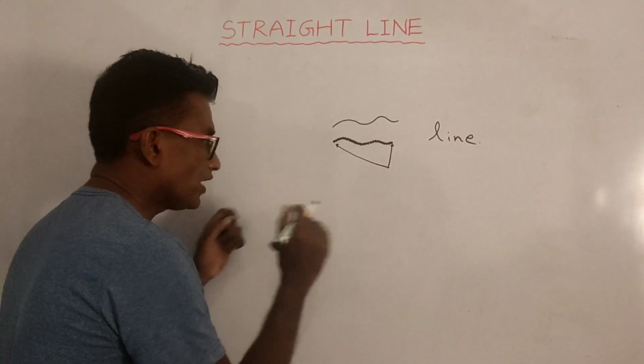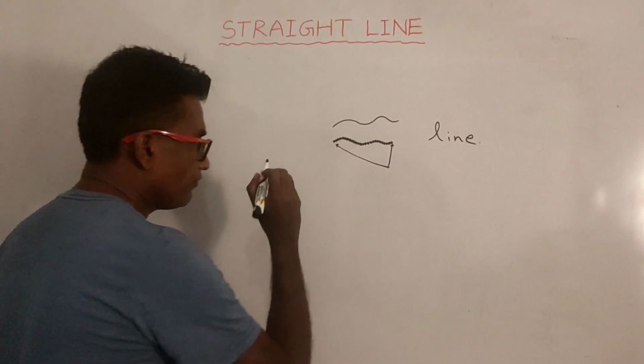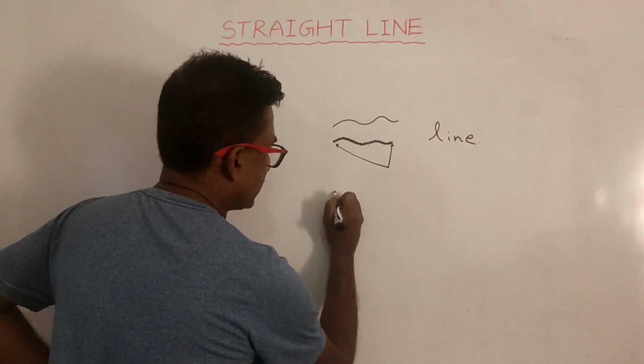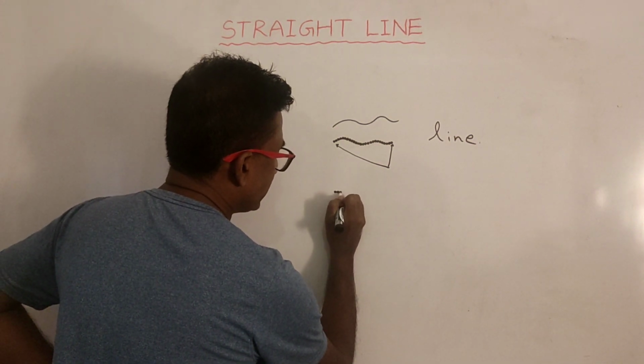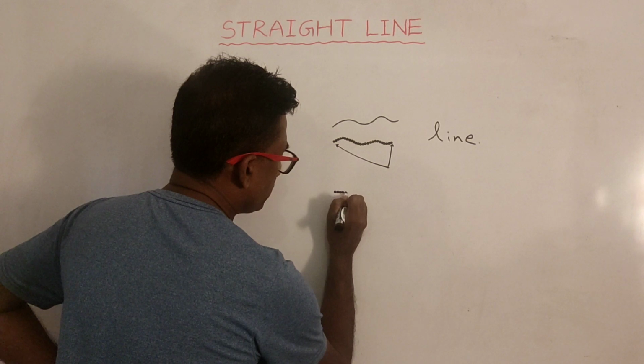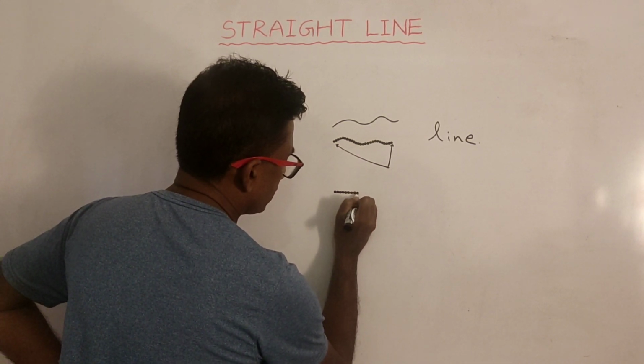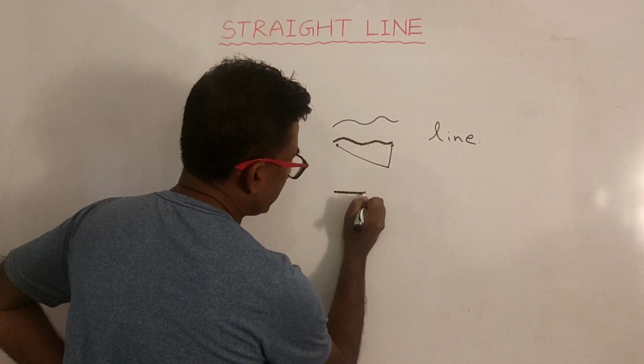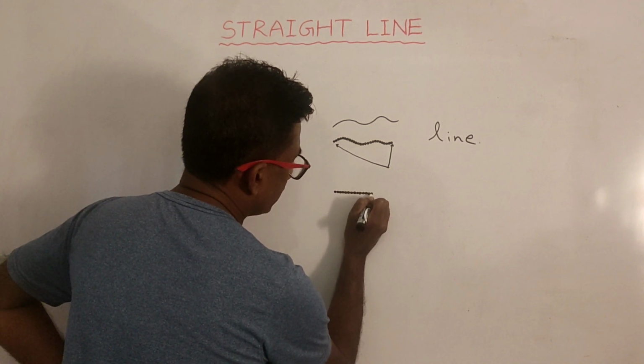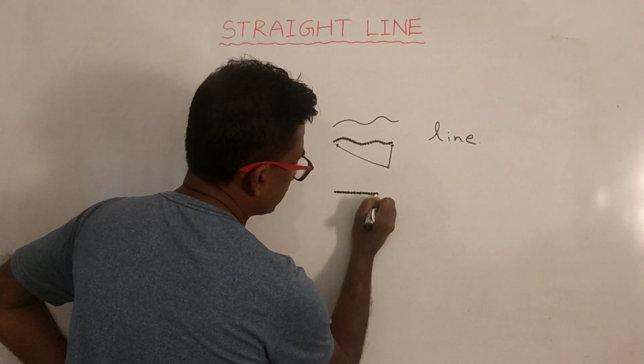Now what is a straight line? If all the points of that line lie evenly between the extremity points, we call such a line a straight line.